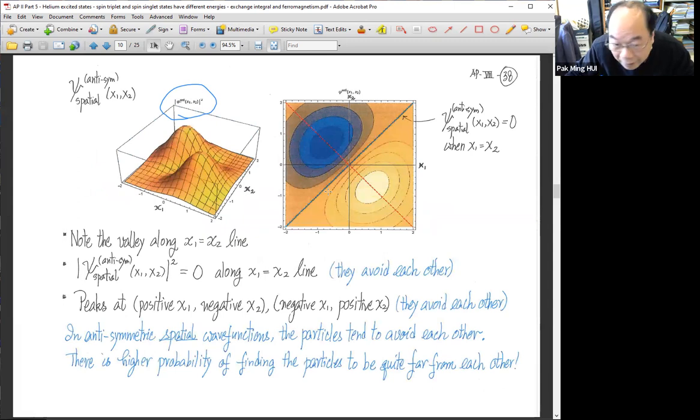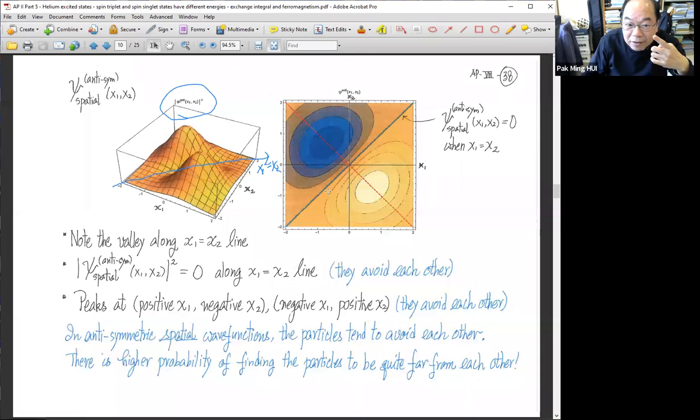Again, this is a very important point, the punchline of the whole discussion. Look at the x1 equals x2 line, the diagonal. Do you see that along this valley, phi(x1, x2) is actually 0 there?